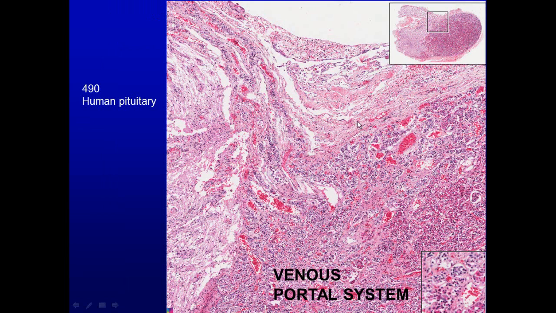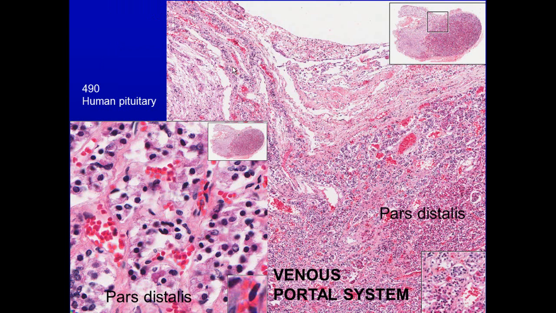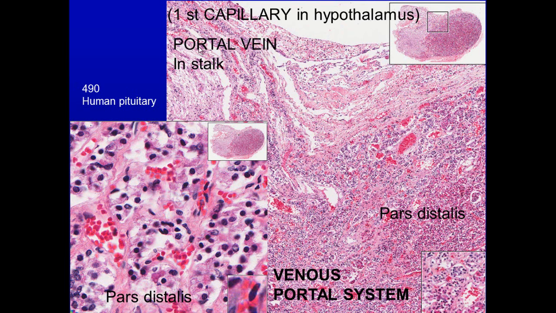This is the infundibulum stalk coming right down here. First capillary network, here's the pars distalis, and we can see the rich vascular supply that's in there. The first capillary network we don't have in view. That's actually in the hypothalamus. However, we do have the portal vein in the stalk.